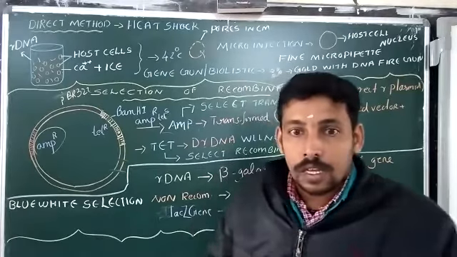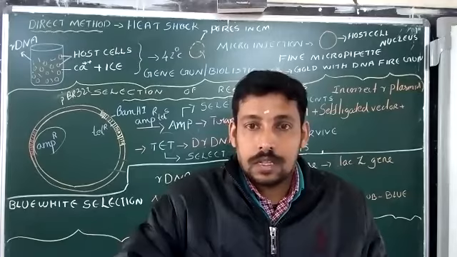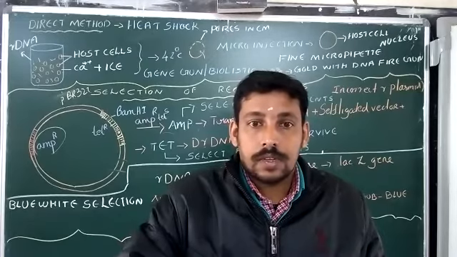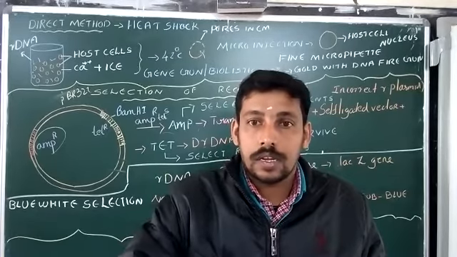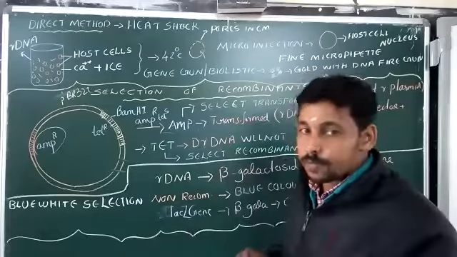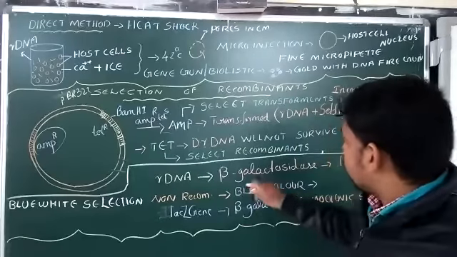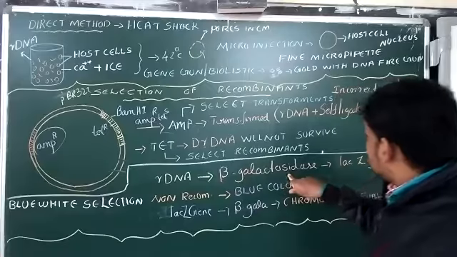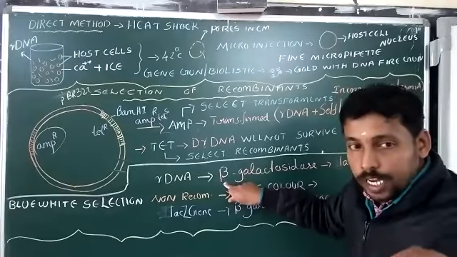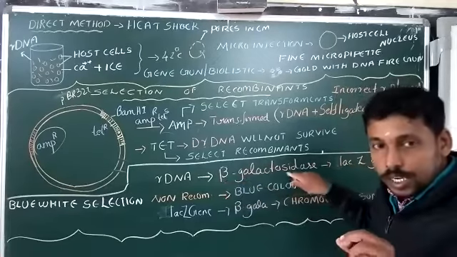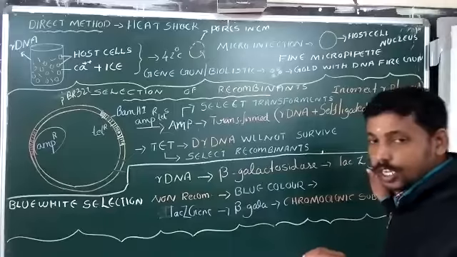Okay. Understand? So there will be a recombinant DNA, and that recombinant DNA will be inserted in the beta galactosidase enzyme site, that is the lac gene.